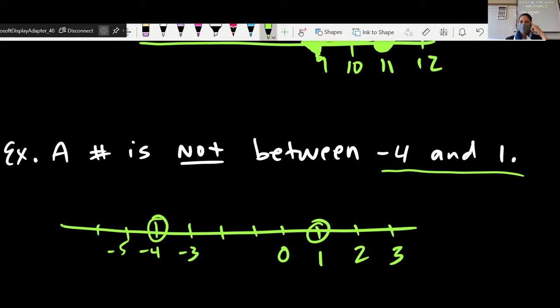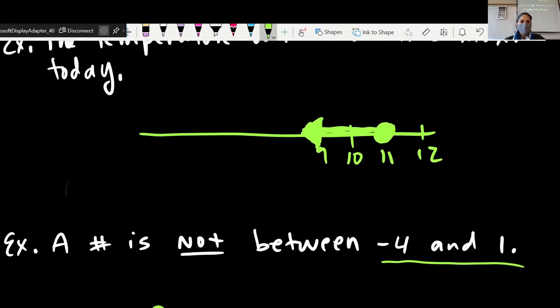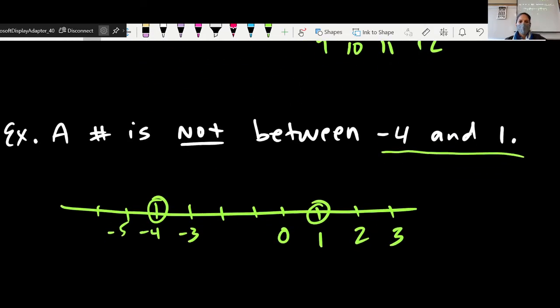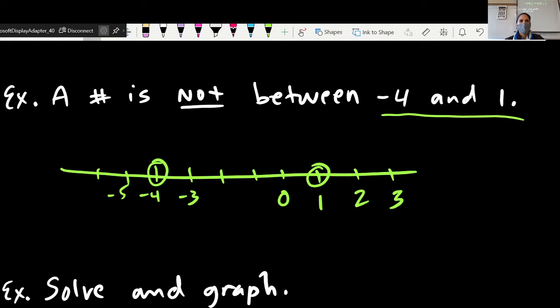Again, nitpicky details. Well, when it is between something, we do color it in. So if it's not in between them, we don't color them in. Do you get that nitpicky detail? If it's not in between those, which way do I go? Where do I draw an arrow?